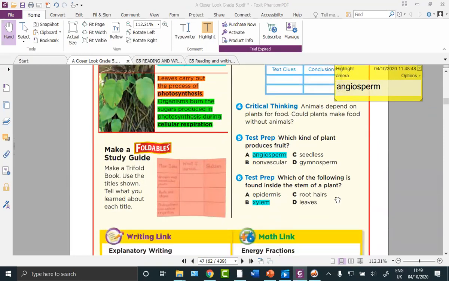Number 5. Mister, can I answer? The plant produces fruit. The last is xylem. Which of the following is inside the stem of a plant? Explain. Xylem.